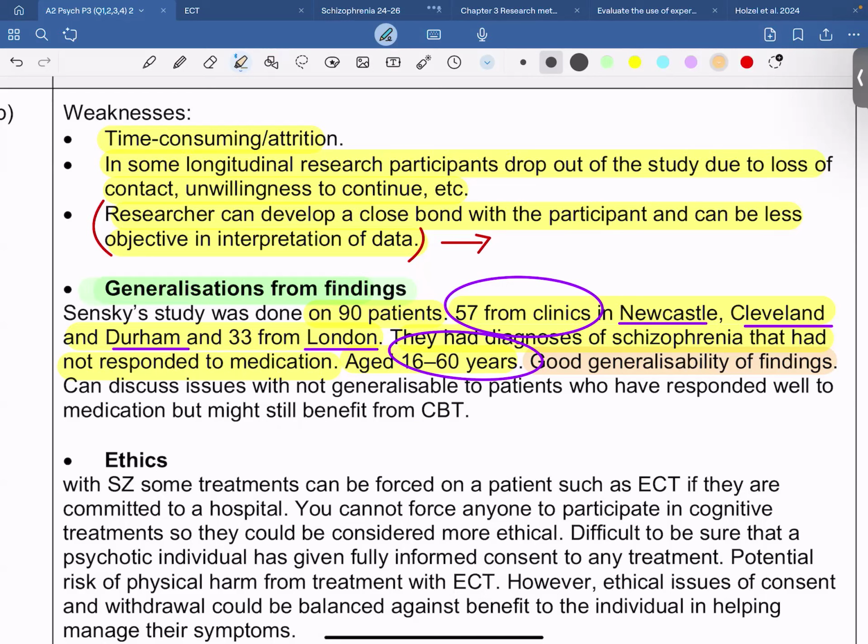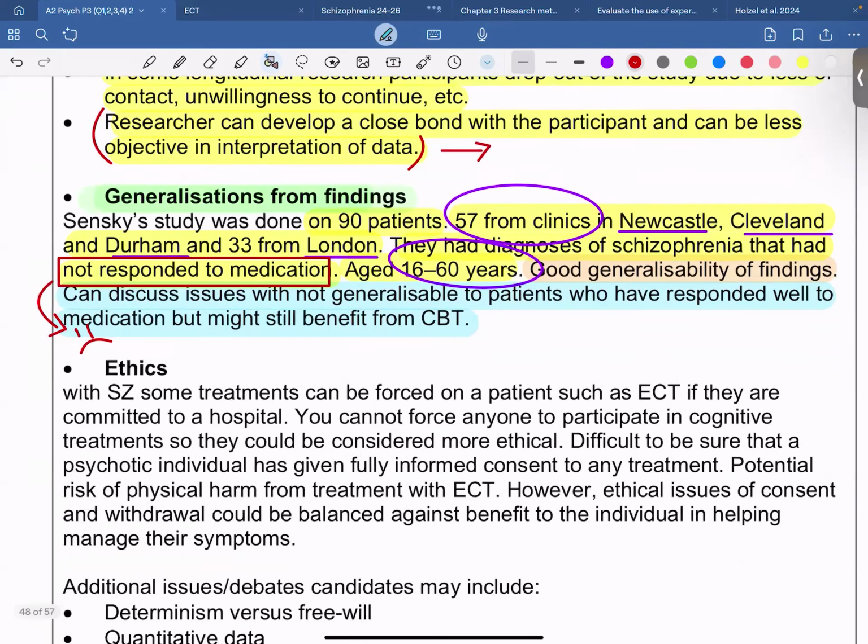Moving on, you can discuss issues with not being generalizable to patients who have responded well to medication but might still benefit from CBT. Because we were talking about patients here who had not responded well to medication, your findings are again only restricted to these sort of patients and not everyone.